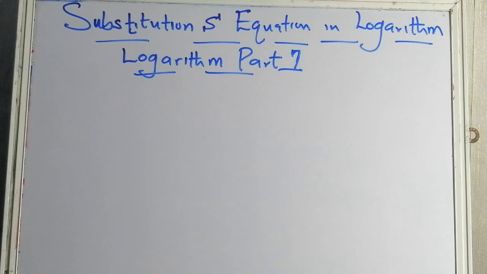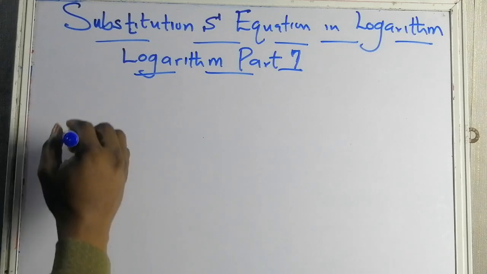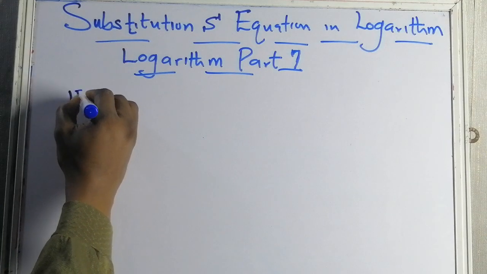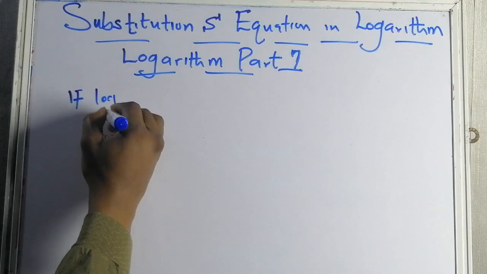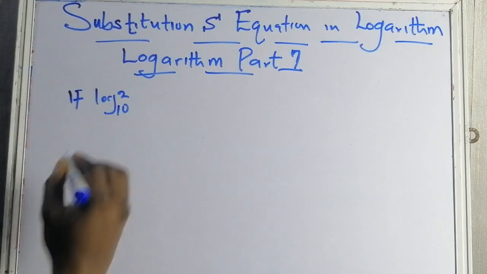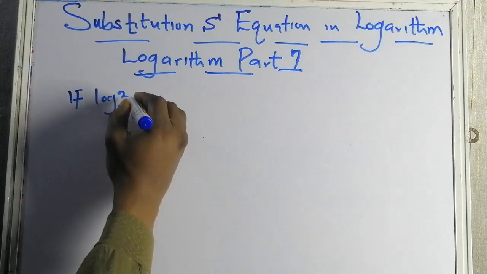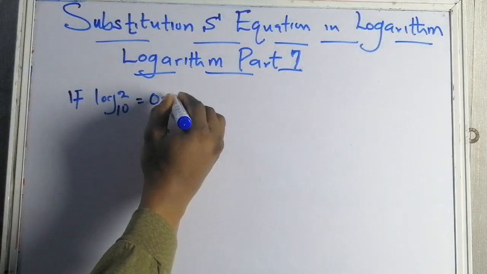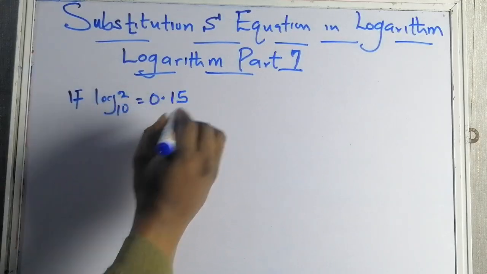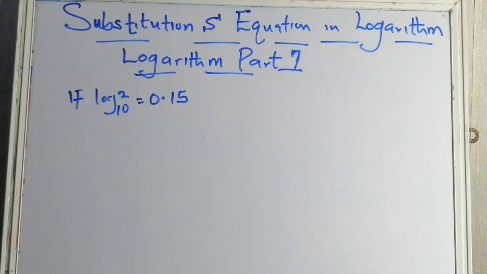Example, let's go straight to the point. If log 2 base 10 is equal to 0.15, for example, I'm just using that as an example.